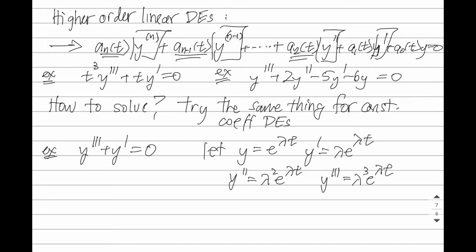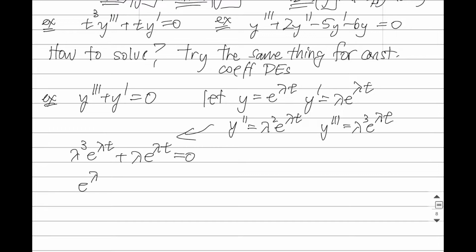You put them all in, you're going to end up with an equation that looks something similar to what we've seen before. And remember, the e to the lambda t is a factor that just essentially cancels out because it can never be 0. And that means we get this polynomial equation.